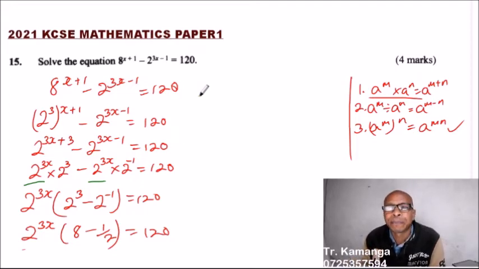With that, 2 raised to the power 3x multiplied by 7.5 is equal to 120.